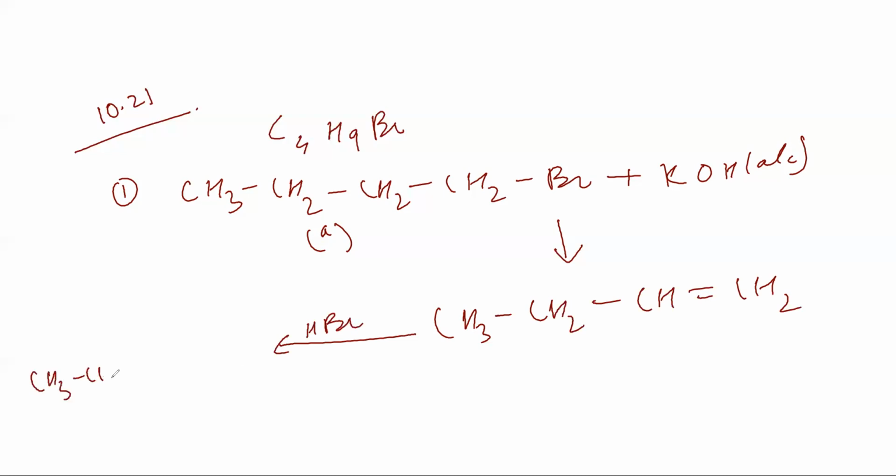CH3CH2CHBrCH3, and this becomes an isomer of A. Of course, it will become an isomer. So B is this product and C is this one.